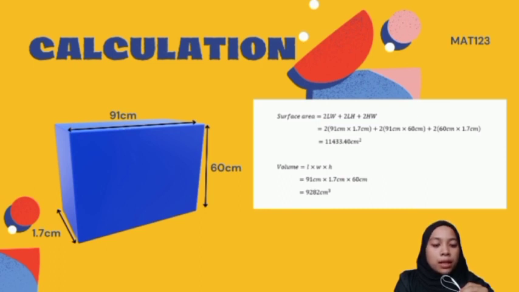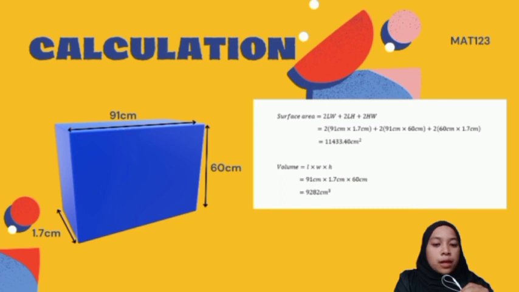On this slide, surface area equals 91 cm multiply 1.7 cm multiply 2 plus 91 cm multiply 60 cm multiply 2 plus 90 cm multiply 1.7 cm multiply 2.